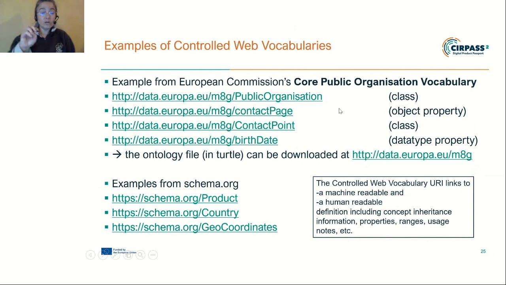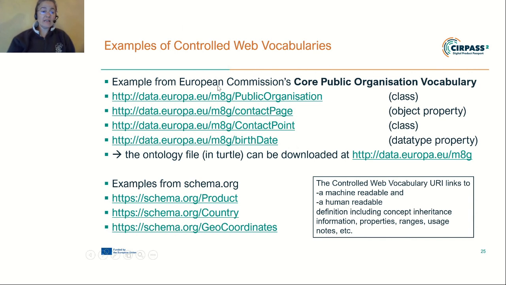And they are very cool in the sense that they're very short. They reference here a domain name, and this is the namespace for this specific vocabulary that is defined here. And thanks to the use of this domain name and the management of this domain by the Commission, I know that this term will be globally unique.